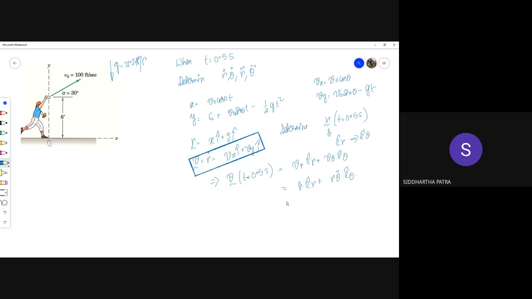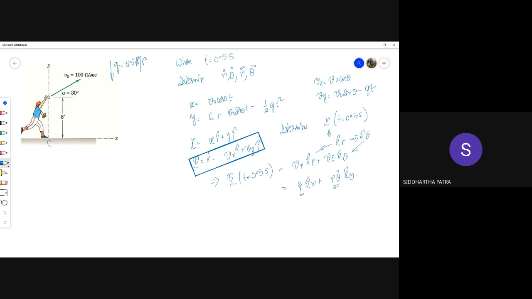Once you substitute er and e theta, you will also have this represented in Cartesian form with r dot and r theta dot in them. Therefore, by comparing the components, you can determine the values of r dot and theta dot.